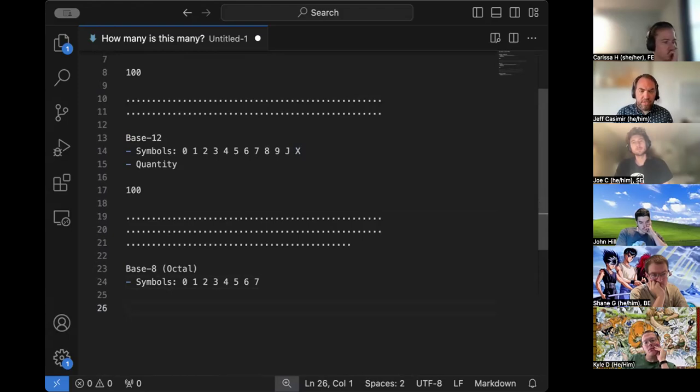Okay, so how does our counting go? 0, 1, 2, 3, 4, 5, 6, 7. Can't go to 8. You're out of symbols, so you wrap back to 0. Now you increment this column. So now you go 10, 11, 12, 13, 14, 15, 16, 17.